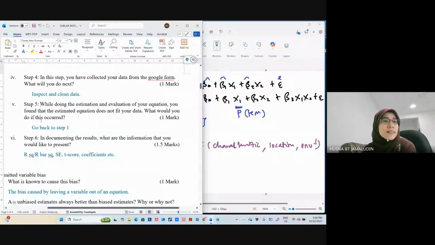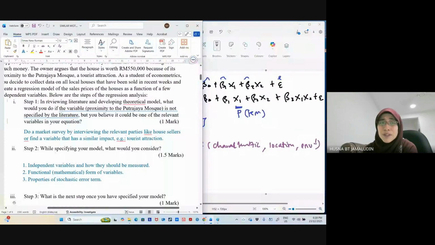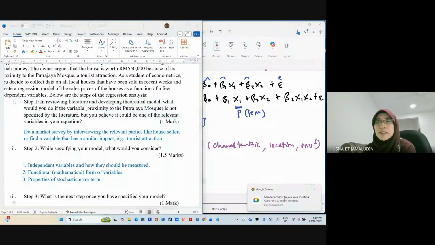You have to go back to step 1 and fix it. What is step 1? You have to review the literature. Does your equation, your independent and dependent variables, how do you measure them? Does it really follow the literature? You have to really check it again. Okay, that's why step 1 is very important. Some people just simply ignore it.